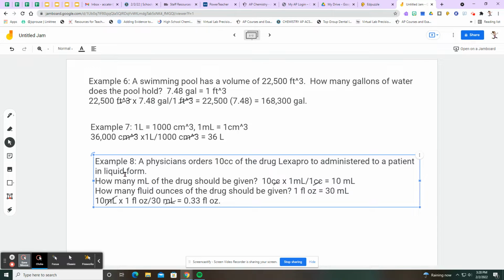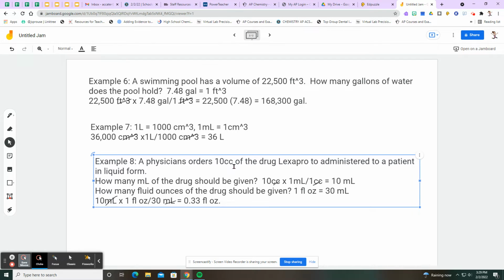So you can see they're not the same thing. And you wouldn't want to mistake them for the same thing and say, oh, okay, milliliters, I can give them 10 milliliters. That's the same thing as 10 fluid ounces. It is nowhere near the same thing. You would be severely overdosed if you just made that assumption. So you got to make sure that your units are right. This is also a reason why it's so important to write down the units.